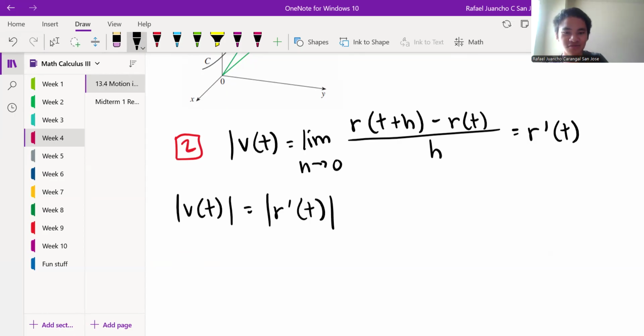I'm just getting the absolute value of this, right? And so what does that mean?